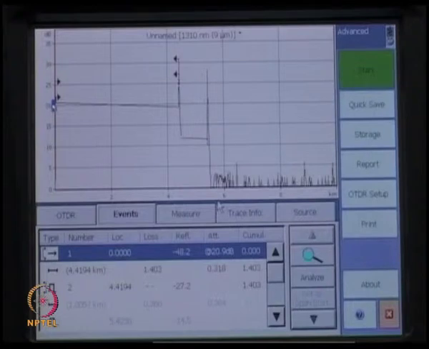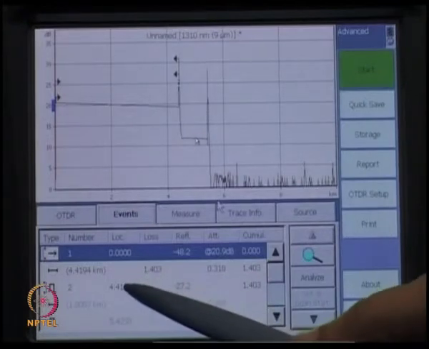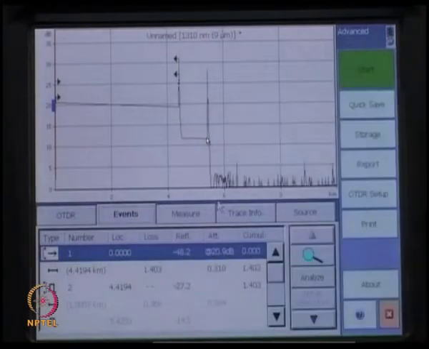We see here now, this is the fiber, which is the first fiber which we had tested. There is a second fiber which we had tested, and at the joint you have a substantial loss. So, you see suddenly the power drops at this location, and then this is the fiber, this is the loss in the second fiber.